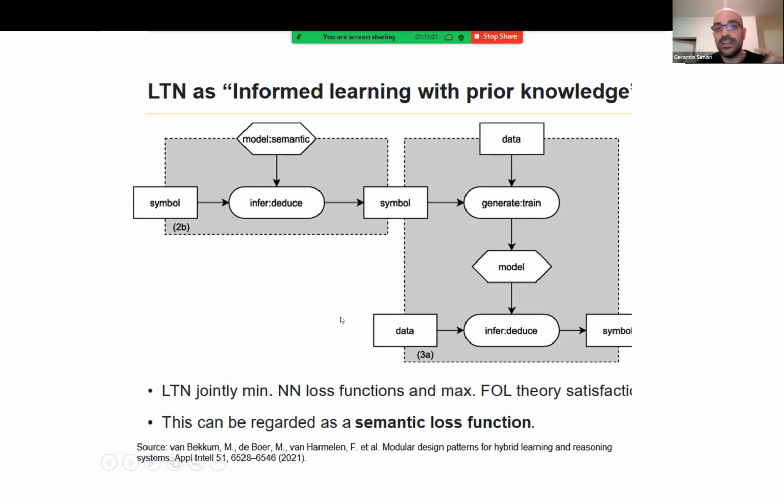This is me tying the bow on all of what I've been saying throughout this lecture, where you're trying to make sure that your loss function captures the knowledge that you want to represent as best as possible.